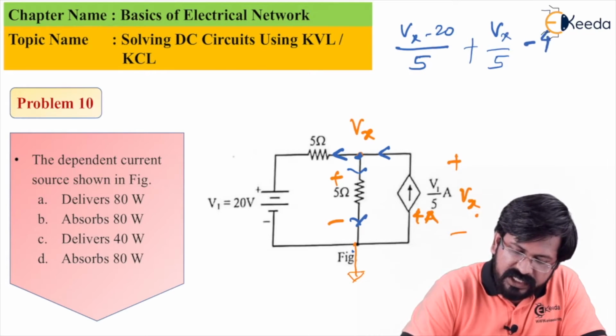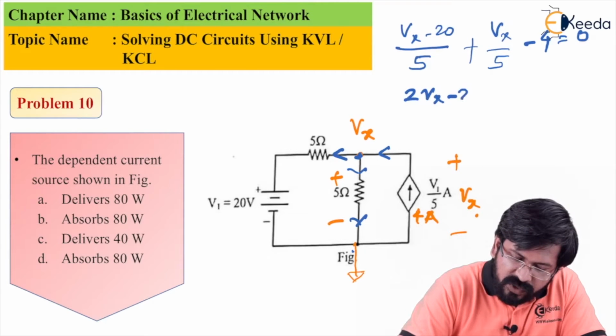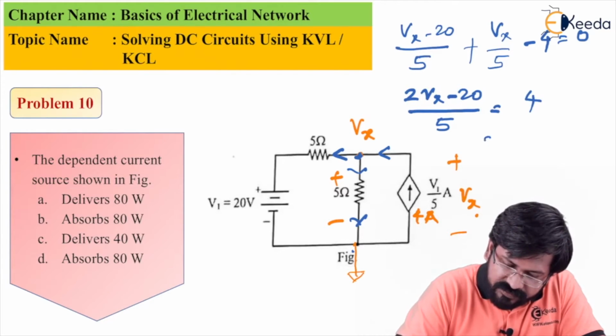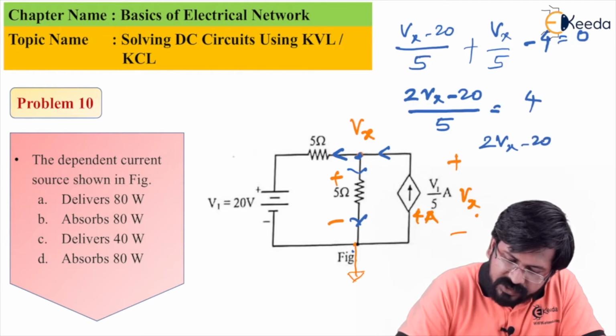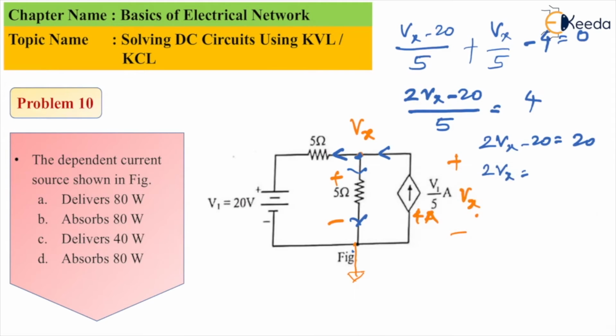I should take this as minus 4, equal to 0. Again, the denominators are the same. I can say 2Vx minus 20 by 5 should be equal to plus 4. Or I can say 2Vx minus 20 equals 20, which comes out to be 2Vx equal to 40. So Vx comes out to be 20.